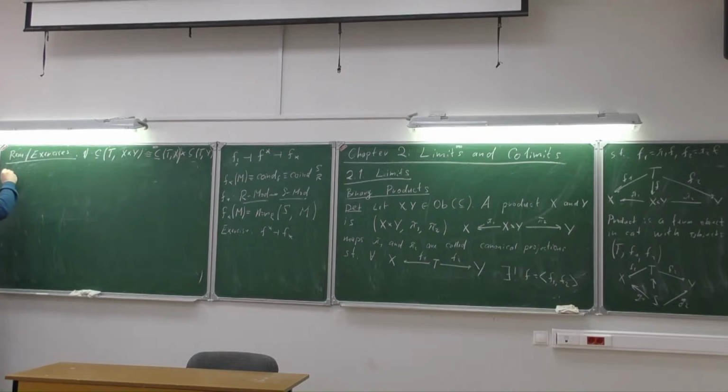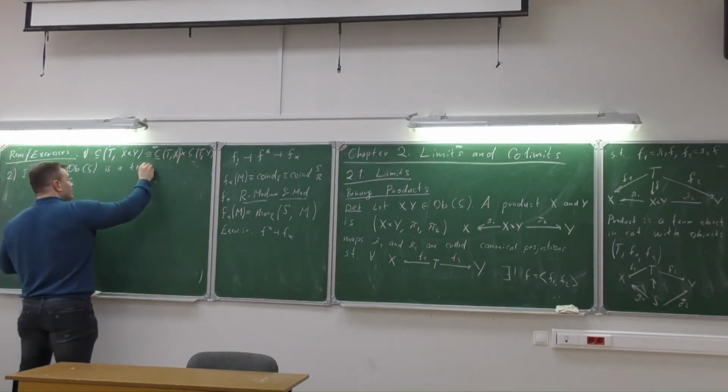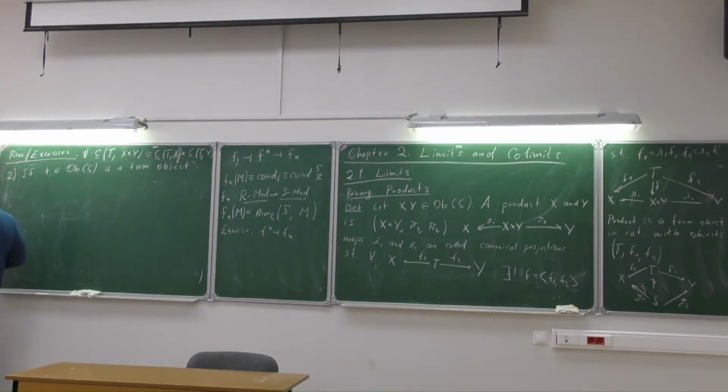Okay, so the second quite elementary remark, which I'm also going to leave as an exercise. If T in the category C is a terminal object, then the product, again, there is an X and there is a product.